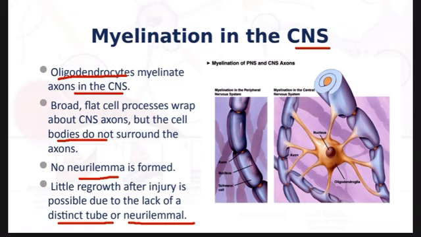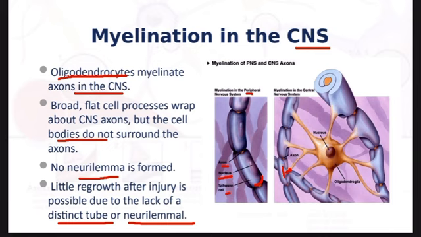So let's look at it here. We have an axon. This is the peripheral nucleus and the Schwann cell; you see its shape is circular. That's why the myelination sheath works here. Whereas here, this is the myelination, and it will go in this direction.